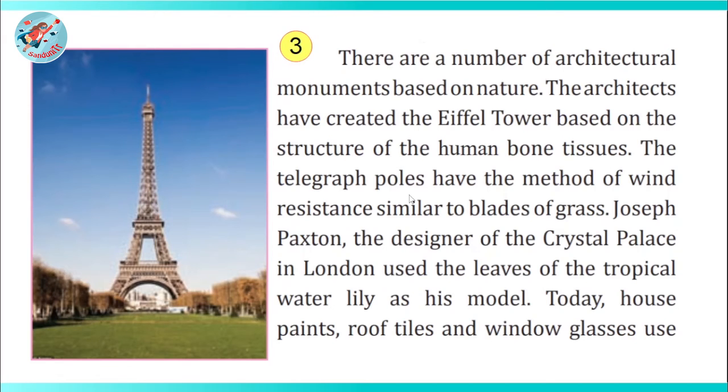The telegraph poles have the method of wind resistance similar to blades of grass. Joseph Paxton, the designer of the Crystal Palace in London, used the leaves of the tropical water lily as his model. Today, house paints, roof tiles and window glasses use... Right, we'll read the next part after we discuss this part.